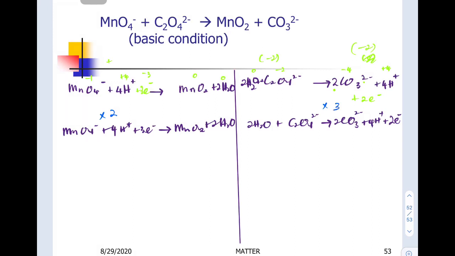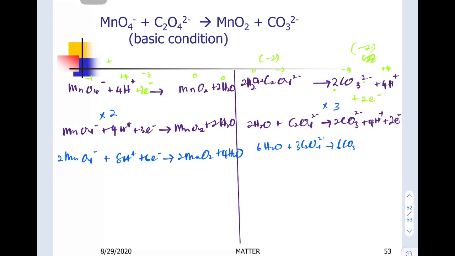Then we achieve the new equations: 2 MnO4 minus plus 8H plus plus 6 electrons turns to 2 MnO2 plus 4H2O. As for the second one, it will be 6H2O plus 3C2O4 2 minus turns to 6CO3 2 minus plus 12H plus and 6 electrons.